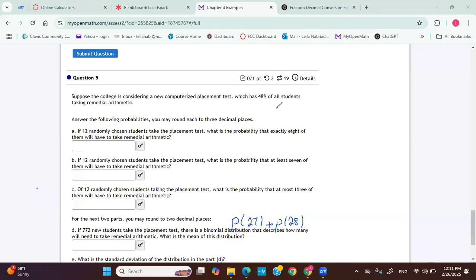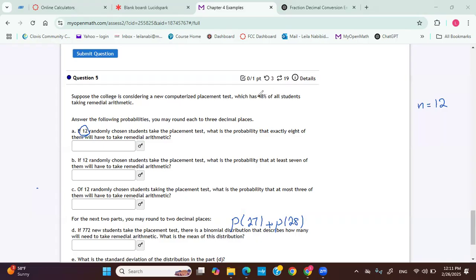When I read the question, I see that I have a fixed number of trials, so n is 12. Each trial has only two outcomes, success or failure: they take the remedial test or do not take it. The probability of success is the same for all trials.